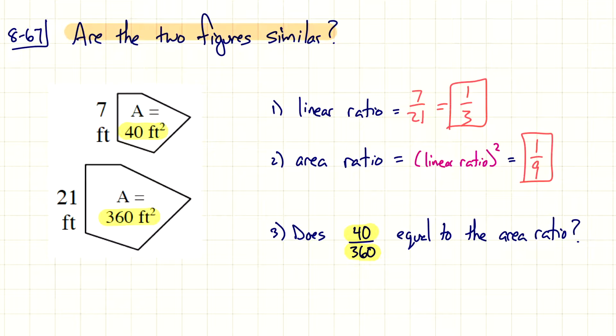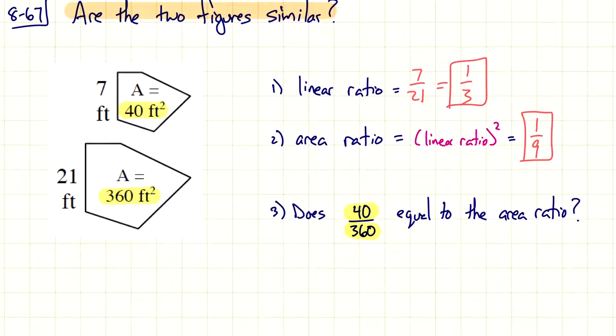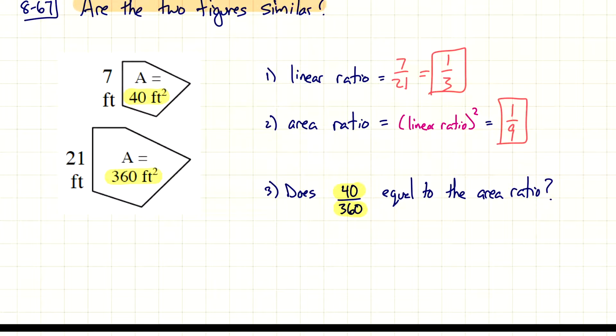So the last question says, does 40/360, which is the two areas, so this is kind of a ratio of the areas, equal the ratio area that we just calculated? So does 40 over 360 equal 1 over 9? Question mark. All right, do those two fractions equal each other?